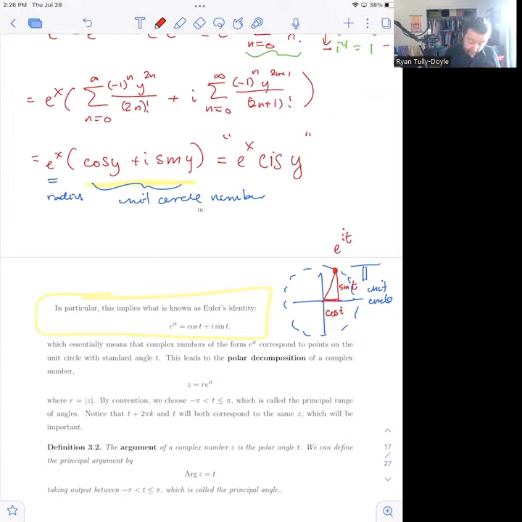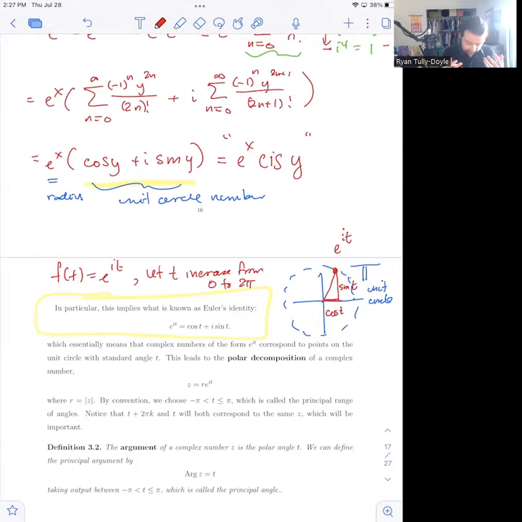So thinking of f of t as just e to the it, if we let t increase from 0 to 2 pi, you can think about what that complex function is doing: it starts at the point 1, 0 on the unit circle, and then goes all the way around and comes back to the beginning point again. So this is very closely related to polar functions that we learn in calculus.